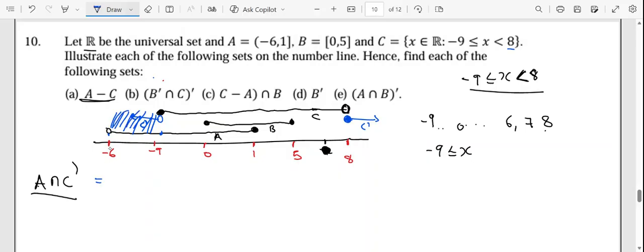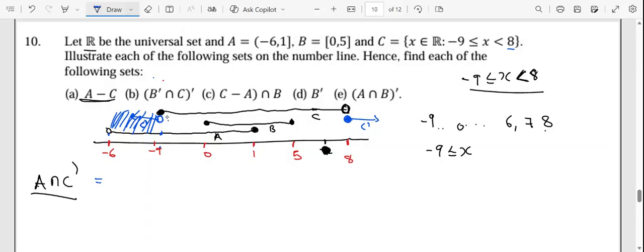So we are saying at C, remember now, all the elements that were in the complement of C at 9 are not included. Even in my listing here, this 9 won't be taken because it was part of C in the first place.